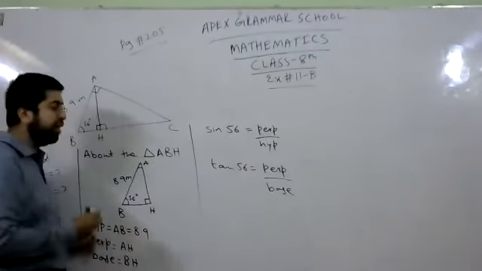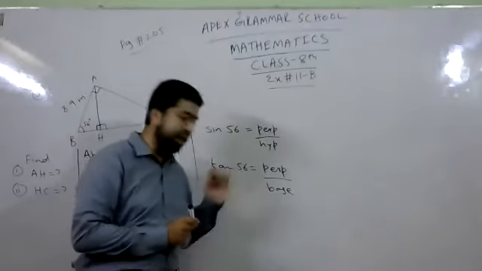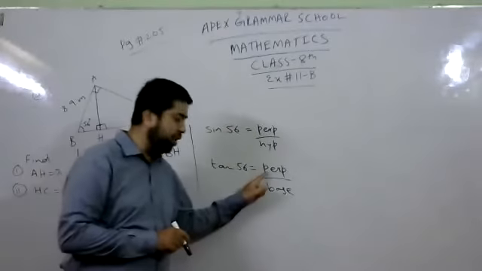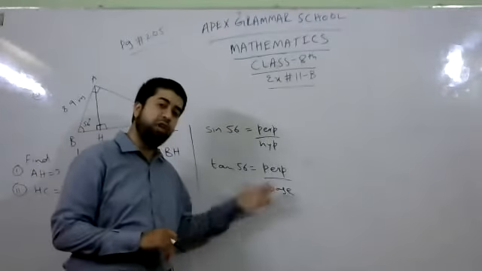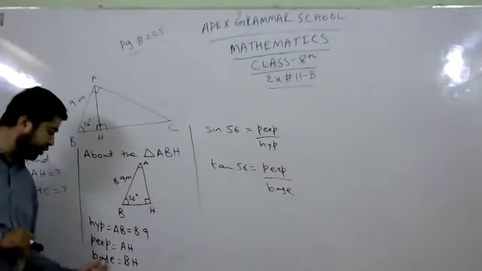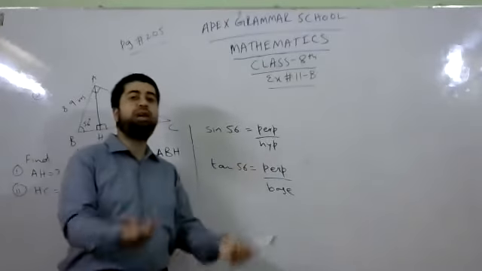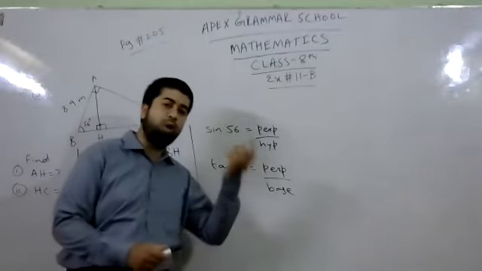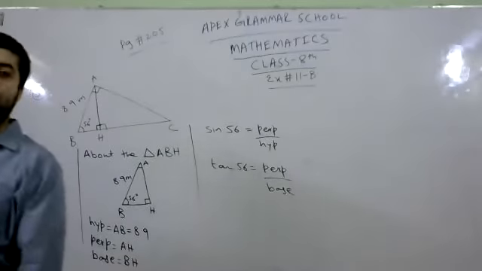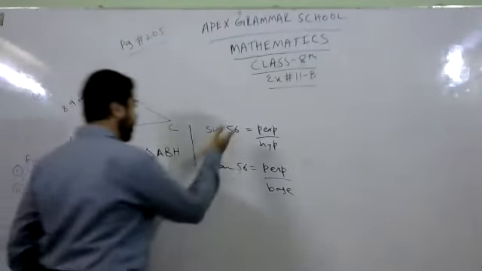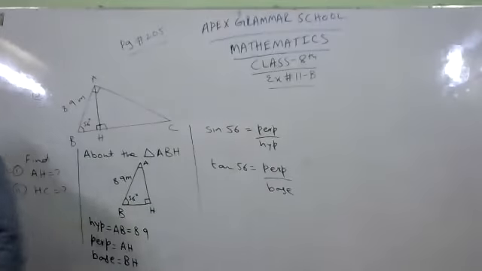We don't have any value of the perpendicular, or of BH. Both are unknown, so the easiest thing is to use the sine.